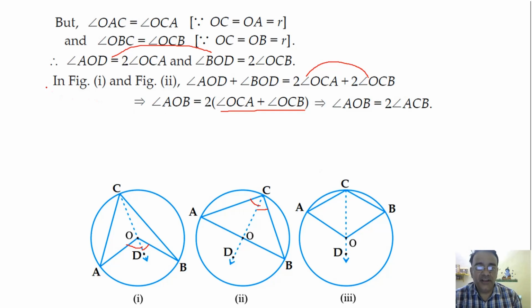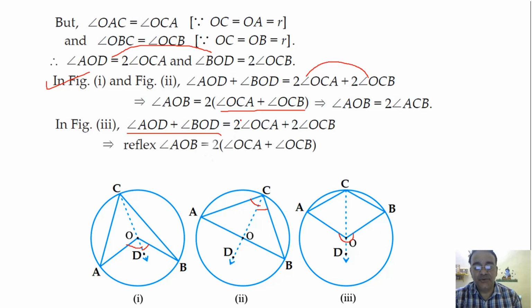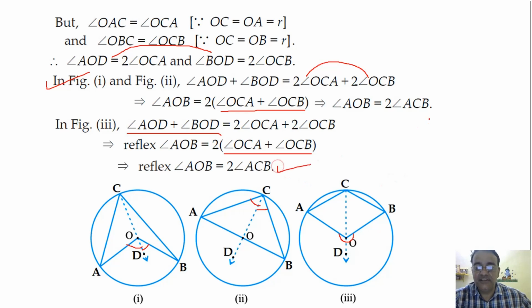So ये proof हो गया first और second figure के लिए. Now for third figure also we'll do the same thing. We will add these two angles. But in this, we can't write angle AOB because this is a reflex angle. So we'll write reflex angle AOB is equal to 2 times of this angle, and the sum of these two angles is angle ACB. So this is the proof of this theorem. Any doubt?